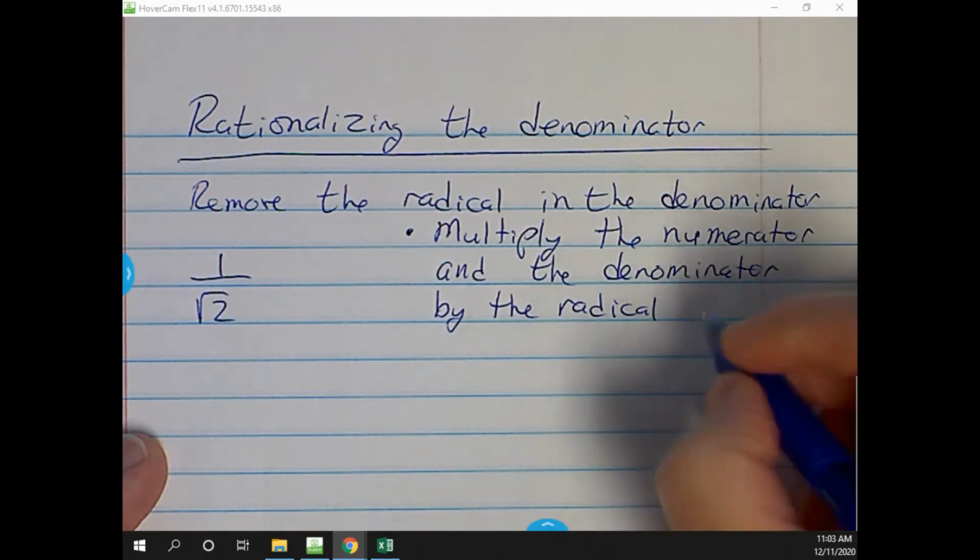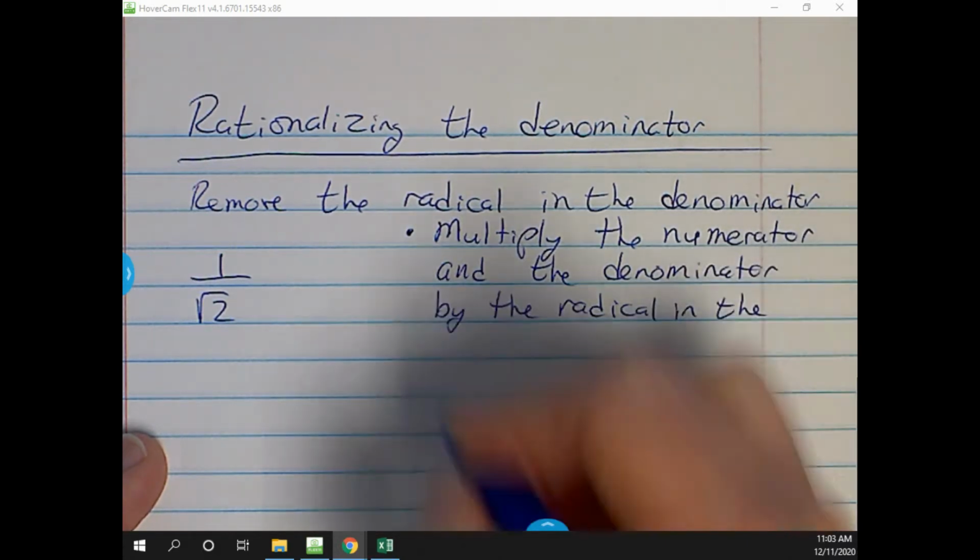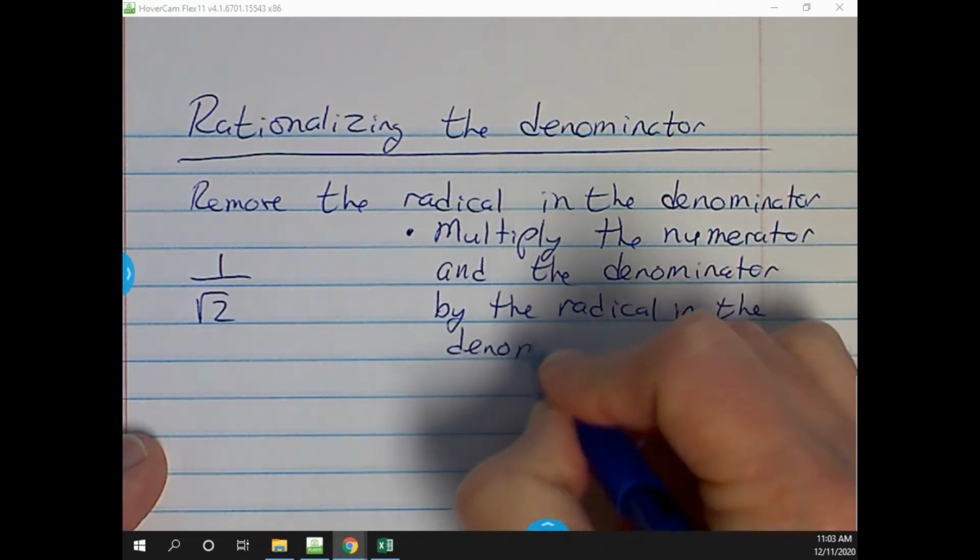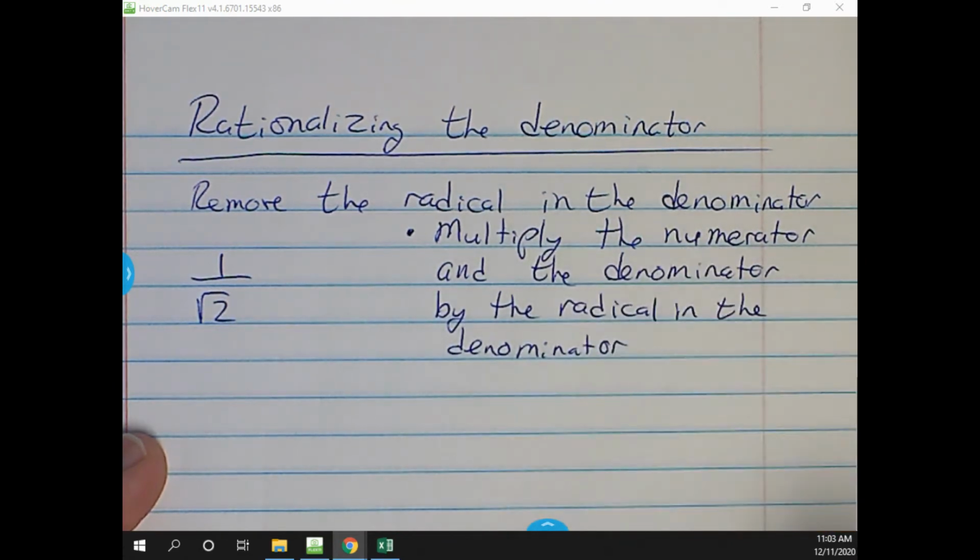And it's the radical that's in the denominator. We're going to go through the steps the long way, and then we're going to show you the shortcut so you can start taking the shortcut.